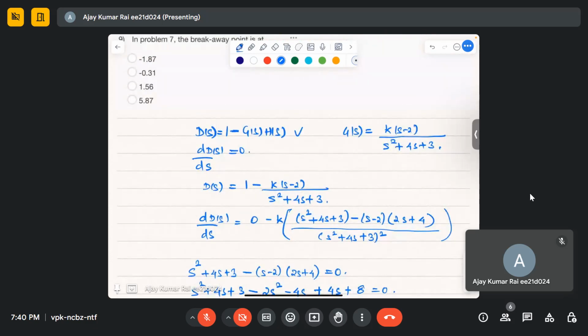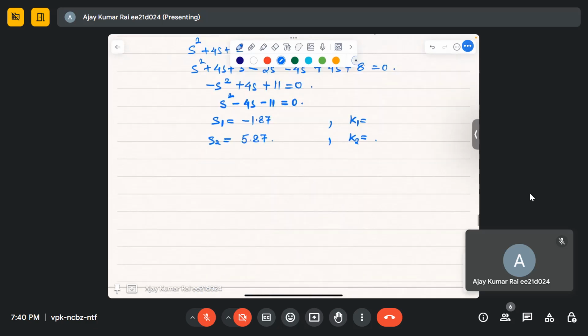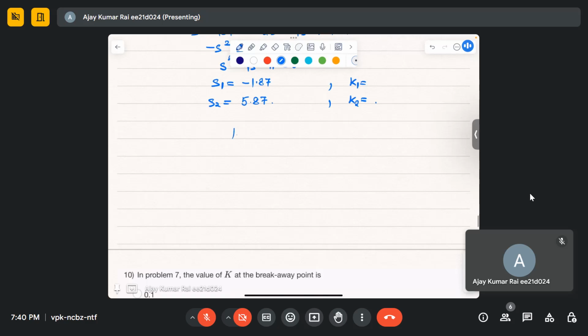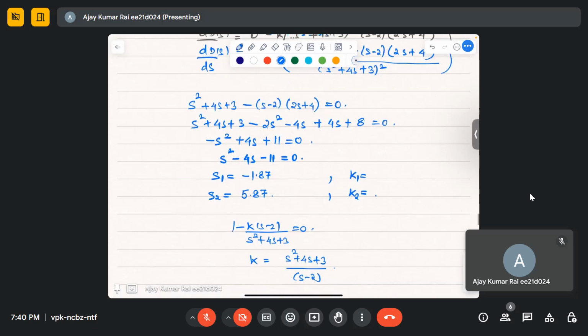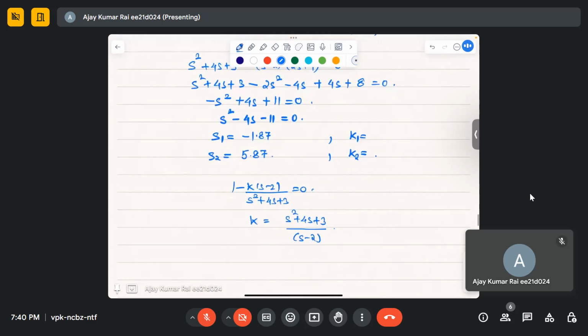Use this equation: 1 minus k times s minus 2, so k is s square plus 4s plus 3 by s minus 2. What was the question? The breakaway point is at... we'll calculate k1 and k2.